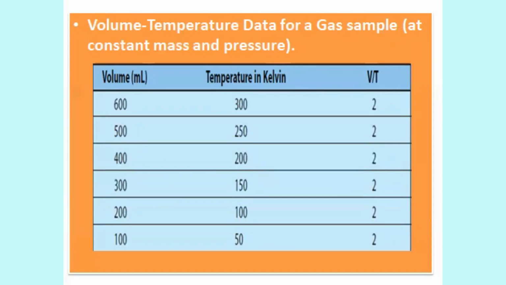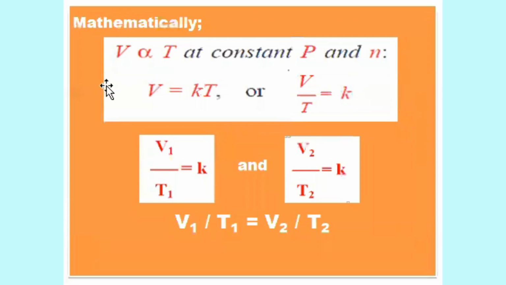According to Charles' law, volume and temperature are mathematically related as follows: volume is directly proportional to temperature at constant pressure and amount of gas.